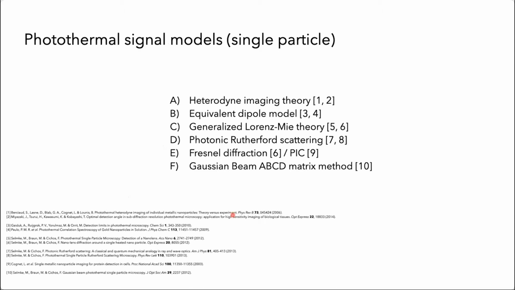And there have been a number of theories developed to describe these signals. I may not have captured all of them, but the list is somehow described here. So one to describe the heterodyne signal, an equivalent dipole model, a generalized Lorenz-Mie theoretical model, a model which involves an analogy to quantum mechanical scattering, so the Rutherford scattering model, Fresnel diffraction, and even Gaussian beam optics has been used to describe the signal in all of its facets.